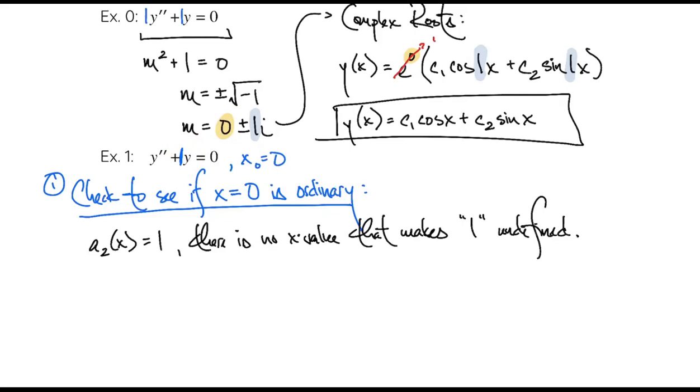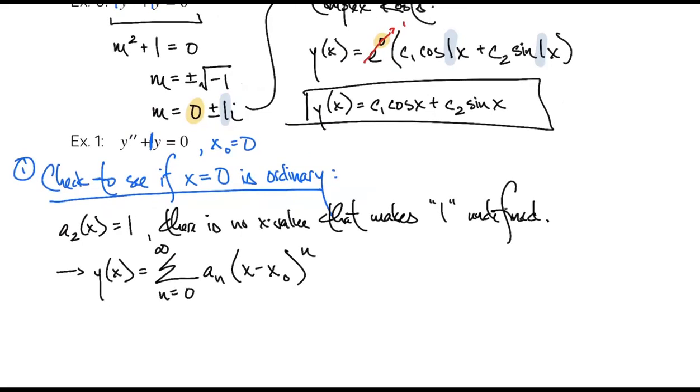Okay, so here's what we can say about that. What this means is that y of x in a power series solution form, right? So our sigma from n equals 0 to infinity, a sub n, x minus x naught to the n. Instead of x naught, I'm going to put a 0 because that's the center point that I'm concerned about.